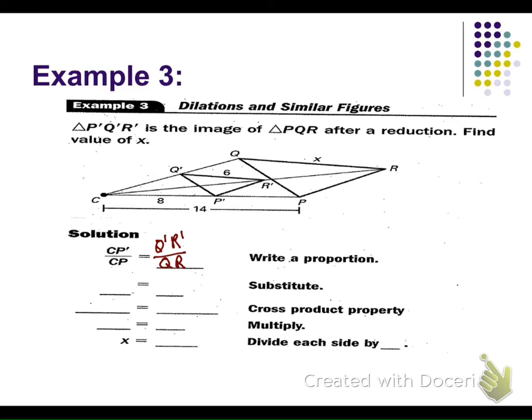So we had our QR, which is the x that we're looking for, right? And then Q prime, R prime is the other value we know. They're the same side of the shape, so we can see that we're going to have that same ratio occurring.